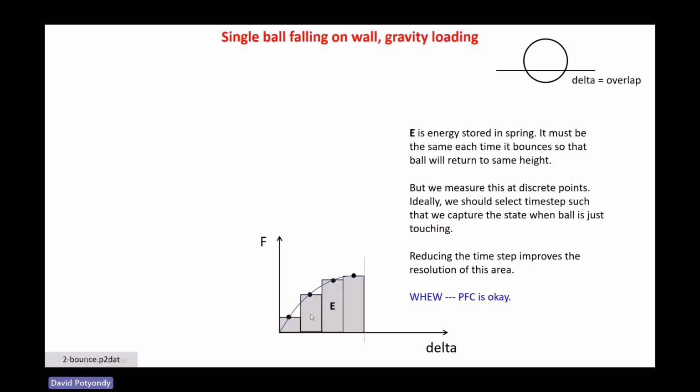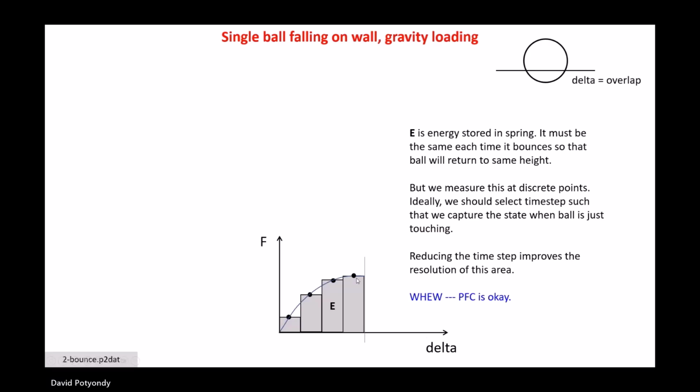And so the area of this shaded region is not necessarily going to exactly equal the true area under the curve. For example, if this time step is too big, it wasn't even touching, and suddenly at the end of the time step, it already had an overlap of delta that was non-zero. And so right away, we're starting to introduce error.